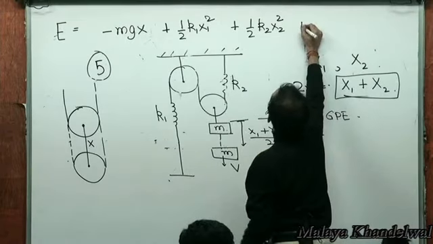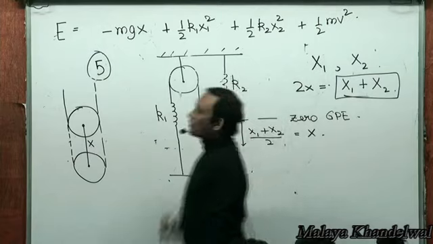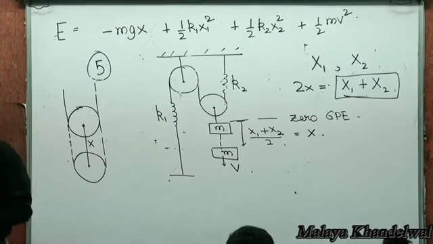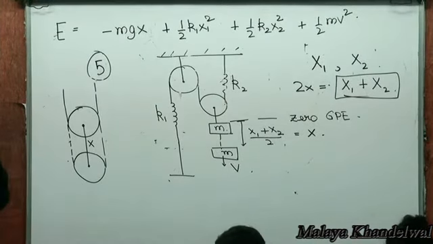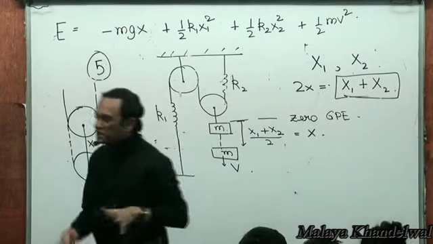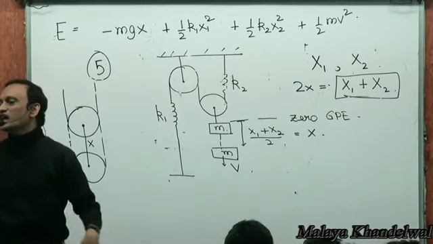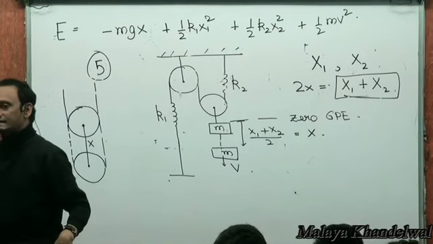For the mass m, half mv squared. Now, I want to write x1 and x2 also in terms of x alone. I have one equation, x1 plus x2 is 2x, but I need another connection between x1 and x2 so that I could write x1 and x2 entirely in terms of x.